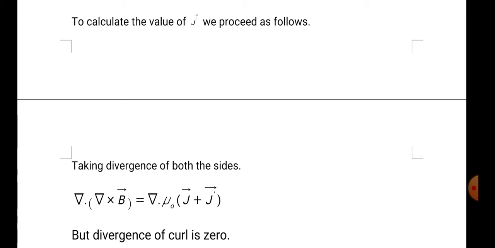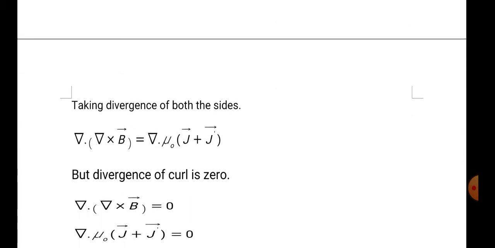But we know that the divergence of curl of any vector quantity is equal to 0. So the left hand side is 0, and hence del dot mu naught in bracket J bar plus J dash bar is equal to 0.